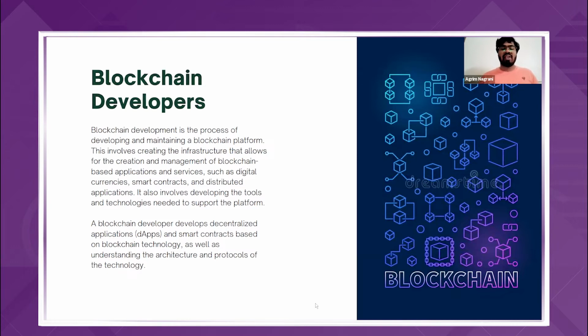So a blockchain developer will be working on various blockchains with smart contracts, setting up rules using the protocols as we were discussing earlier, and then understanding the architecture of the particular token and creating the tokenomics for that.